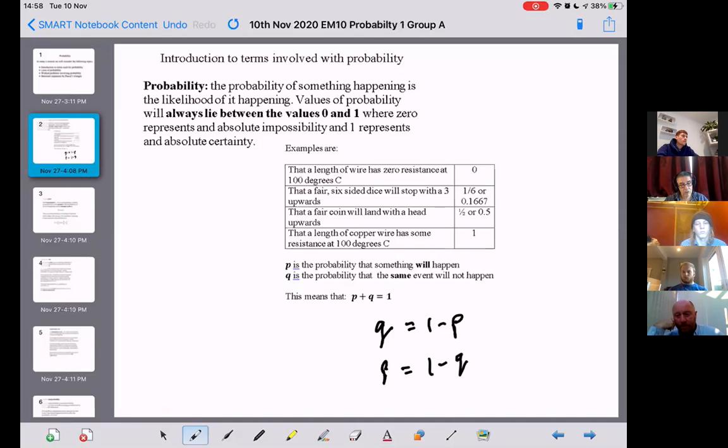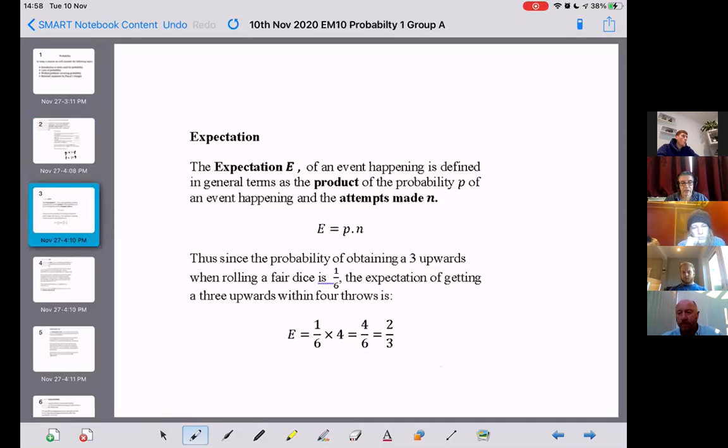All good. Right, expectation, E, of an event happening is defined in general terms as the product of the probability P of an event happening and the number of attempts made, N. So E is equal to P times N, where P is the probability of the event happening and N is the number of tries.